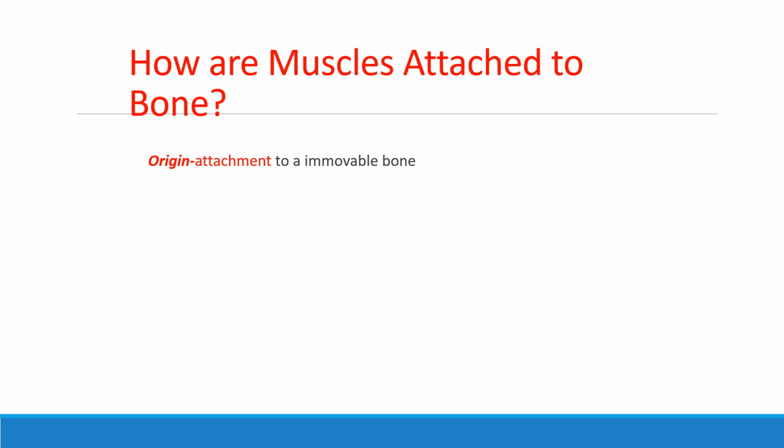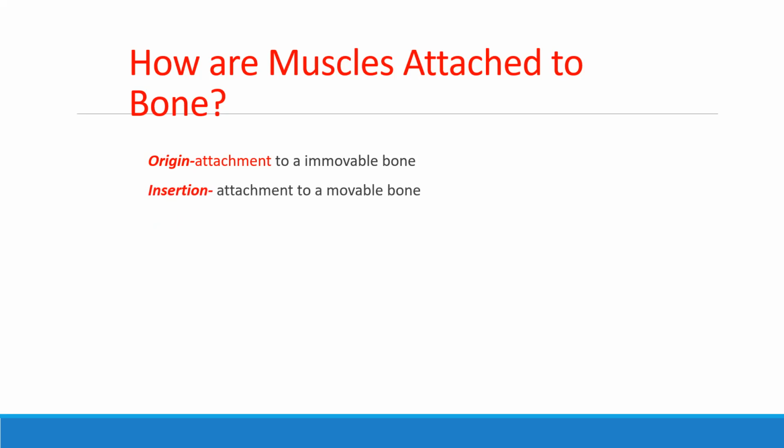So the origin of a muscle is its attachment to an immovable bone, like the skull, for example. Most of the bones of the skull don't move. Or the sternum doesn't move, at least not very much anyway.